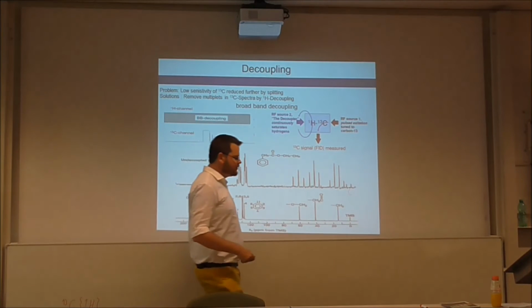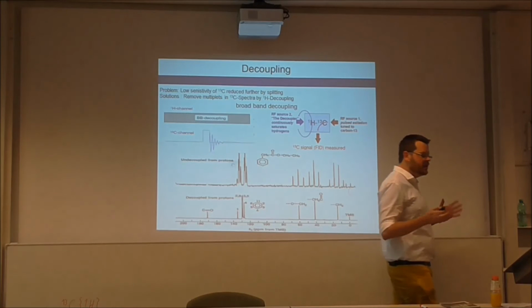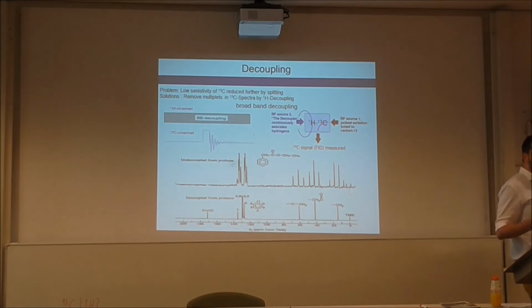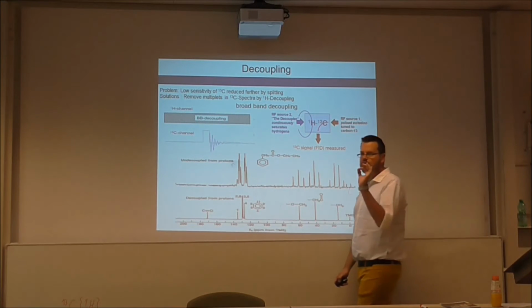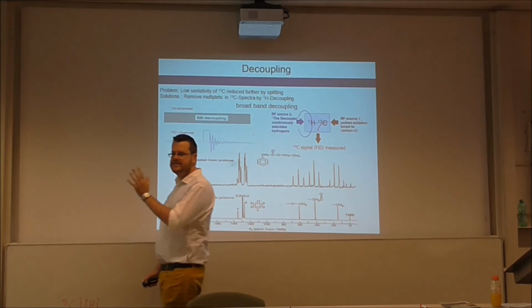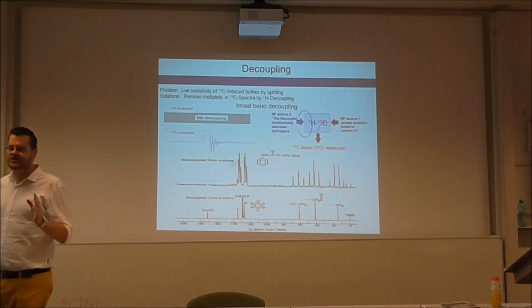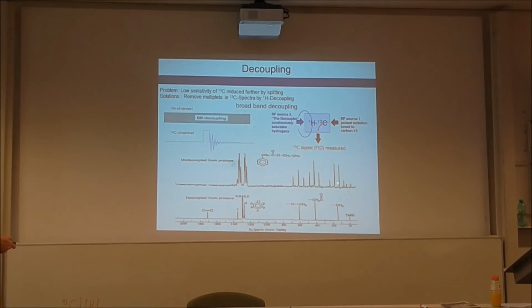It's complex, we have many lines in it, because we see all the coupling to the protons, right? You can see, for example, most of these carbon atoms have protons attached to them. And if you don't switch off the coupling to the 1H, you see those couplings. So you end up with all these multiplets, and it's very difficult to make heads or tails of what's going on.